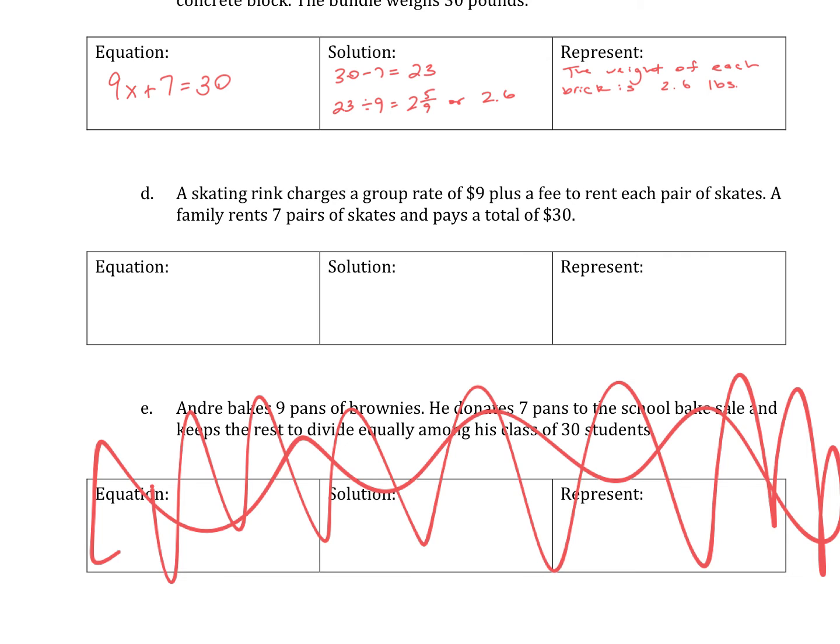Last one is about the skating rink. The skating rink charges a group rate of $9 plus a fee to rent each pair of skates. A family rents 7 pairs of skates and pays a total of $30. So this time I have my 7X to represent the 7 pairs of skates plus the family fee of $9, and that is equal to 30. To solve, we do 30 minus 9, which is 21. 21 divided by 7, which is 3.